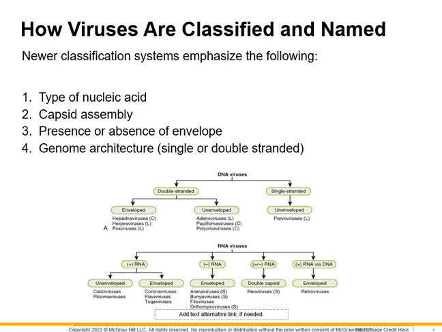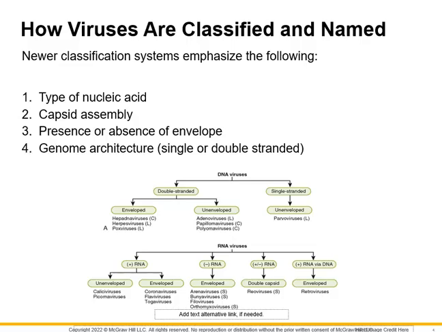So, for example, hepatitis A, B, and C. So you have hepatitis A, hepatitis B, hepatitis C. There are 3 different viruses, but they're not related to each other, but they're all called hepatitis A or hepatitis B or hepatitis C, right? So the A virus and the B and the C viruses are not related to each other. What they have in common is that they all infect and damage the liver. So they were given those names because of the organ that they tend to infect. But it can be confusing as far as how to treat it because they're very different viruses. They have very different properties.